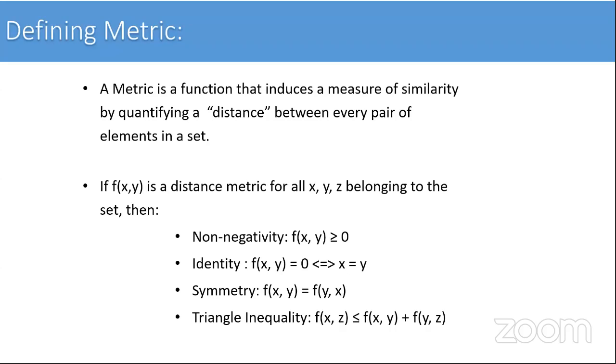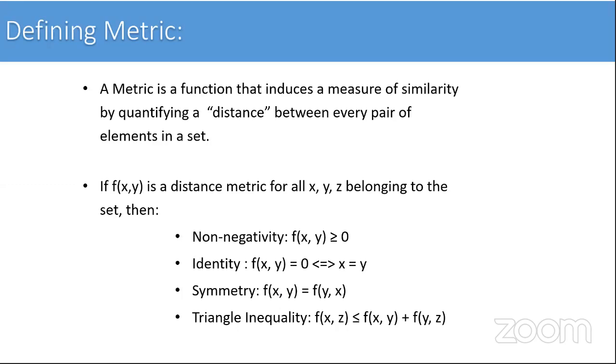So this is just for formality, but if f of x, y is a distance metric for x, y, z belonging to a set, then we have all these 4 properties which we are familiar with: the distance should always be positive, the distance will be 0 only if it's the same point, and the distance metric should be symmetric. The distance between x and y should be the same as the distance between y and x.